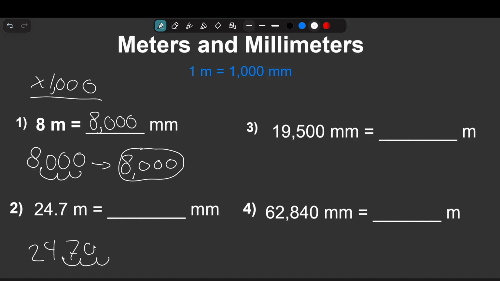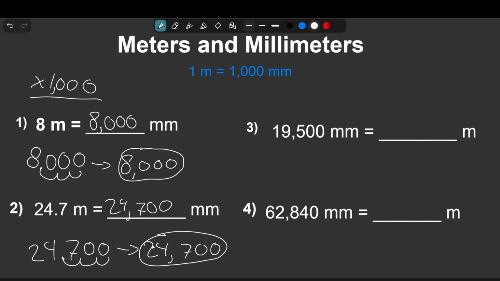We fill in our empty spots again, and we can rewrite this. Our answer will be 24,700 millimeters.